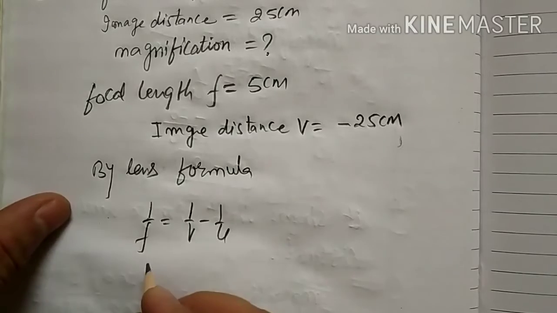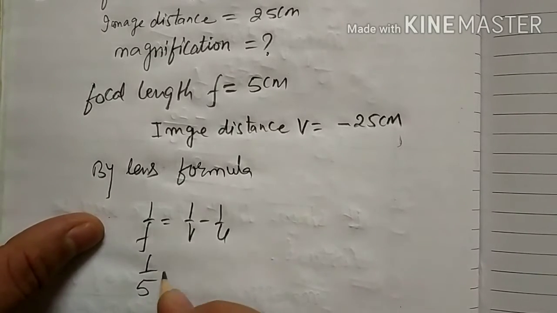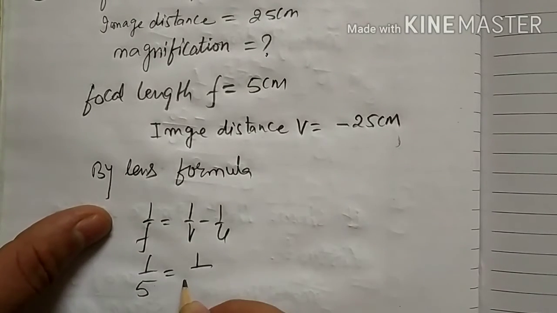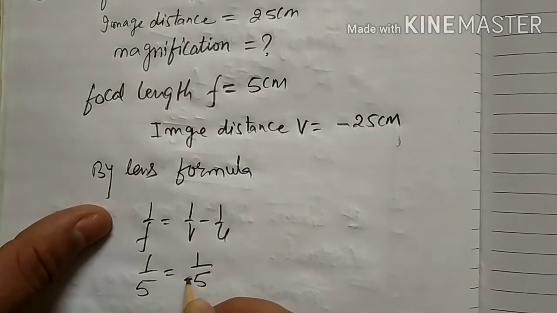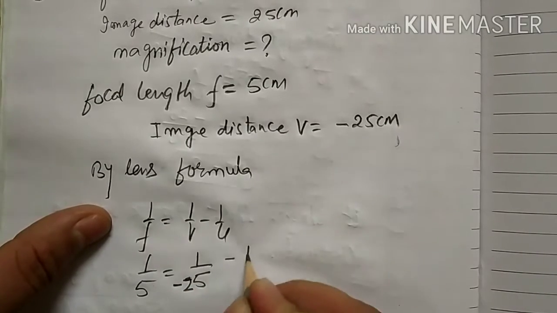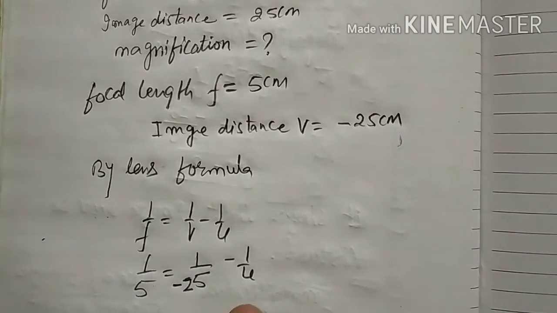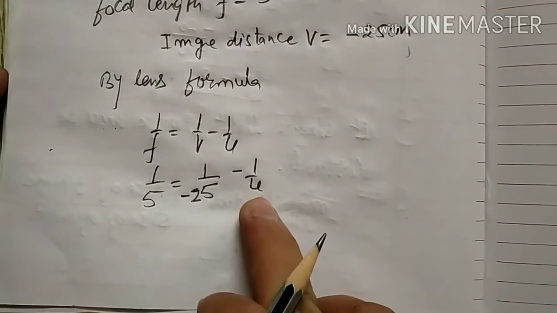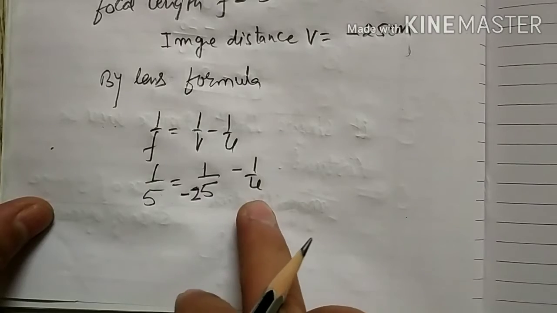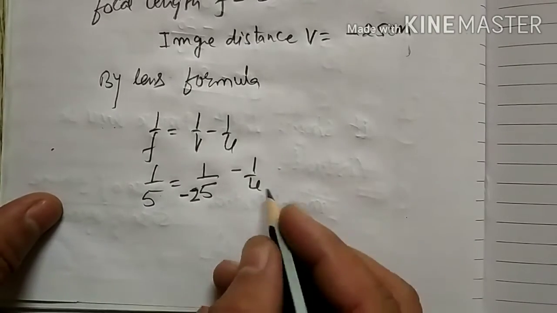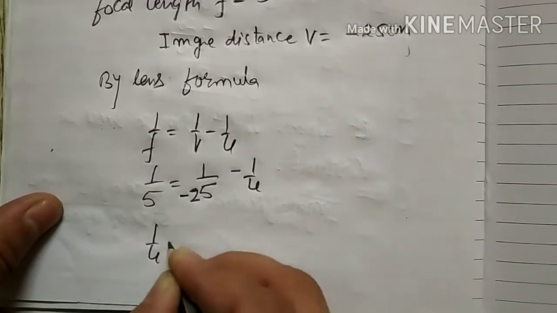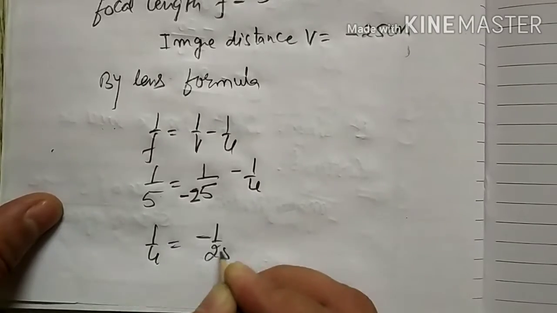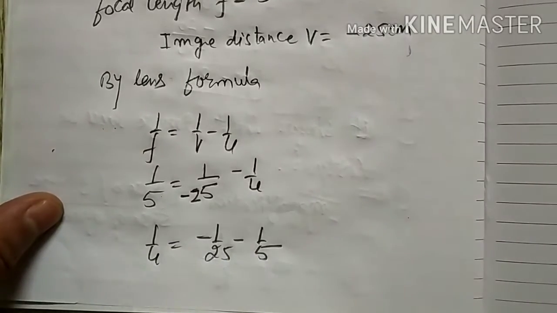I know the focal length, which is given as 5. The image distance is given as minus 25. And I want to know u. So I'm not taking the sign of u because I don't know the value of u. I know u will be negative, but I'm keeping it the same, so the negative sign will come automatically. So this 1 by u will come to this side, equals minus 1 by 25 and minus 1 by 5. I hope you understood this.